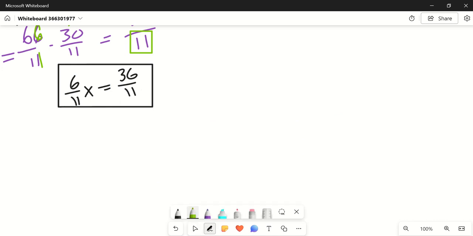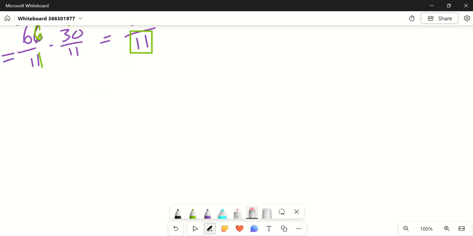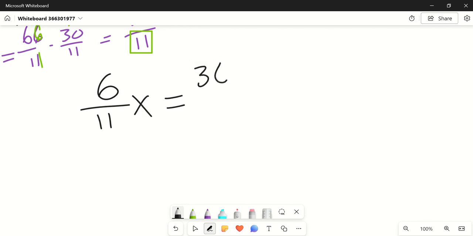Okay, I'm going to rewrite the equation here bigger so we can do this. 6/11 x equals, what did we say? 36/11. Okay, now I have to get x by itself, so I'm going to divide by 6/11 to get that canceled out.